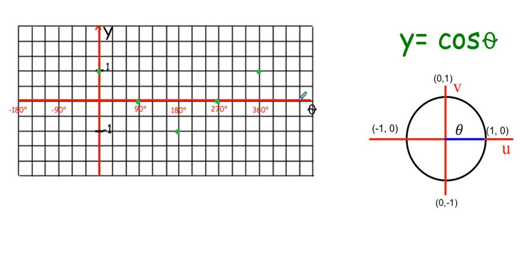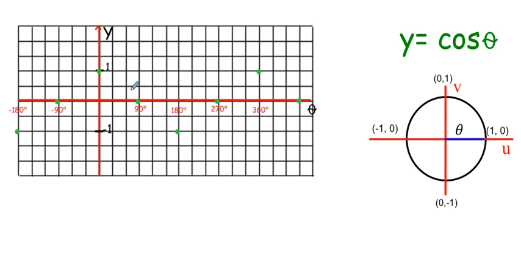450, or coterminal with 90, we're at 0 again. If we go in the negative direction, at -90, we're at 0 again, and at -180, we're at -1 again. So these are the important points that we really want to pay attention to when we're doing any sine or cosine graph.